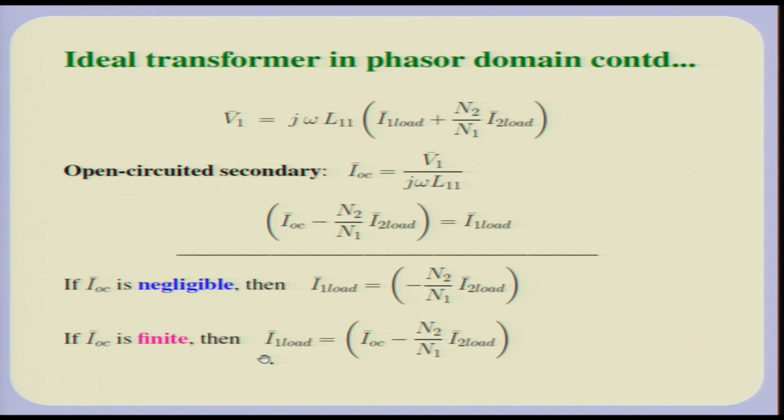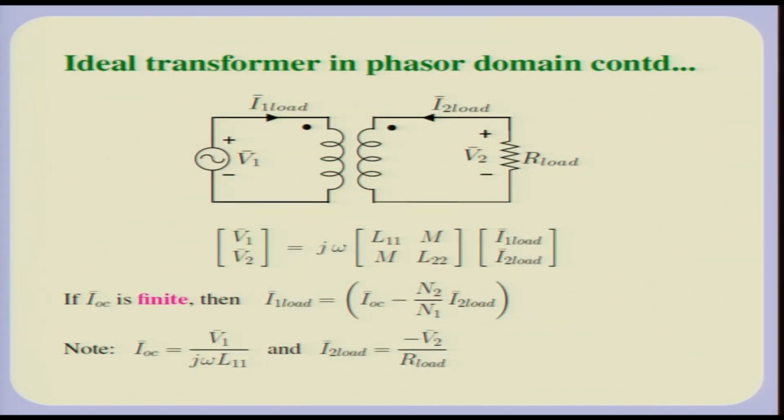So, this is an important aspect which you should remember, that the currents under loaded conditions are related by a very simple relationship if the current under loading conditions is much larger than IOC. Okay. So, this is an interesting fact. So, these are the equations of an ideal transformer, but with IOC finite. In fact, probably the correct word is not that IOC is finite. If IOC is not negligible compared to the load current, then this equation would hold.